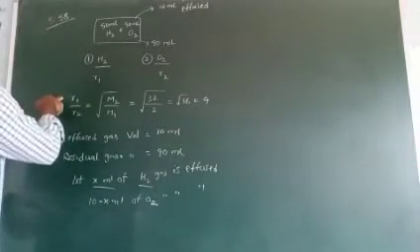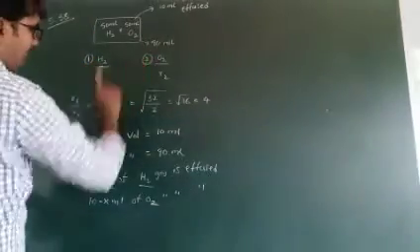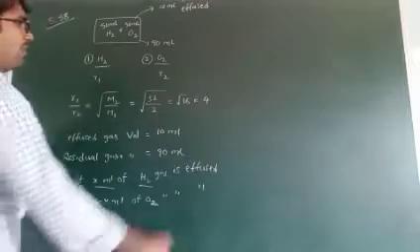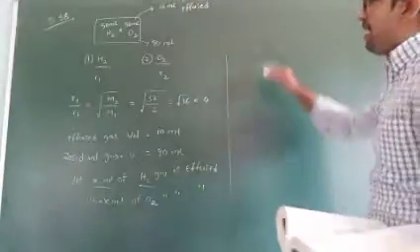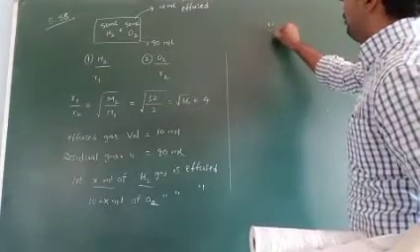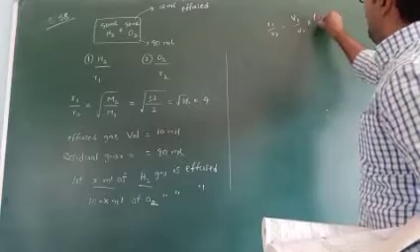R1 by R2. R1 means rate of diffusion of hydrogen gas, R2 means rate of diffusion of O2 gas. We know that some formulas are there: R1 by R2 is equal to V1 by V2 into T2 by T1.